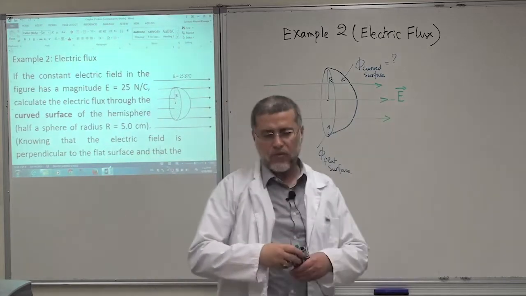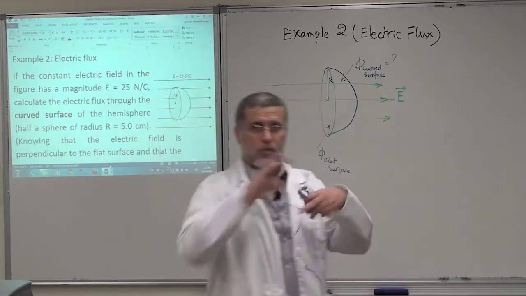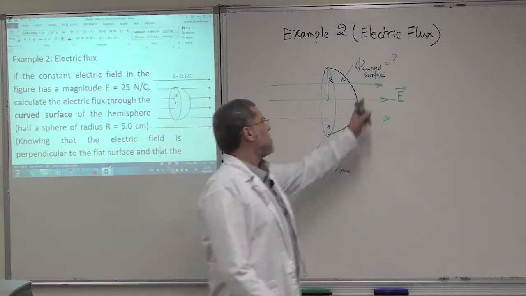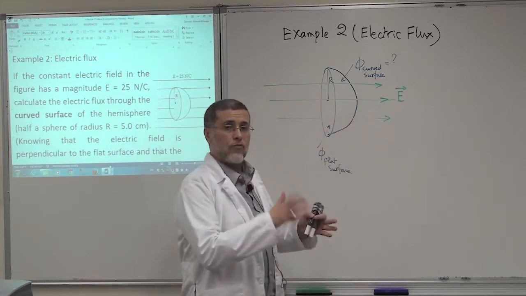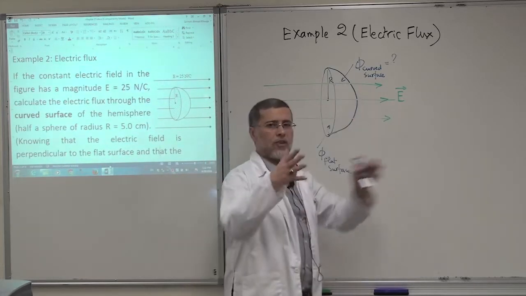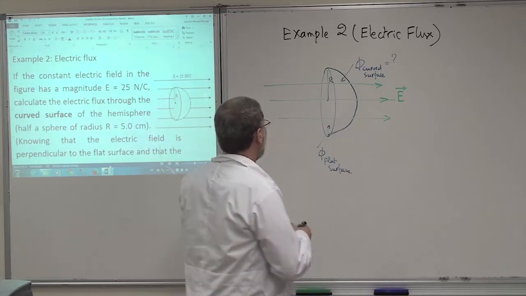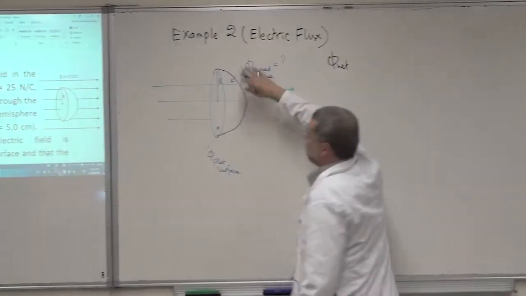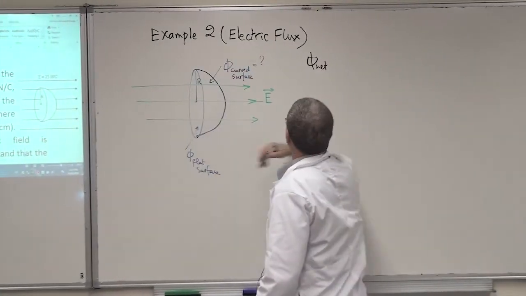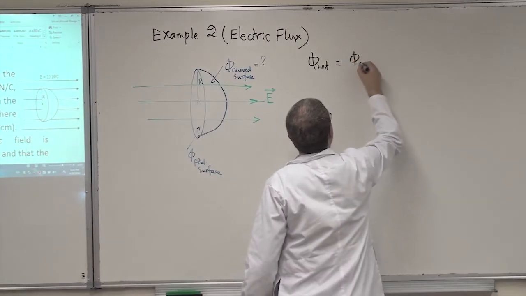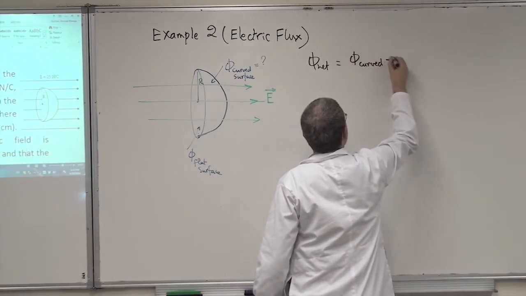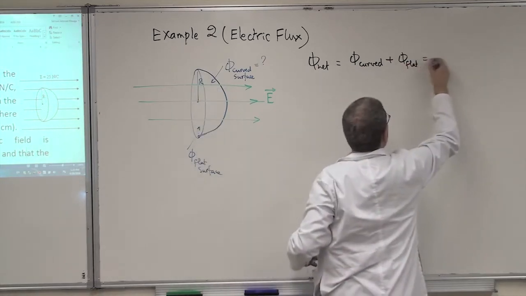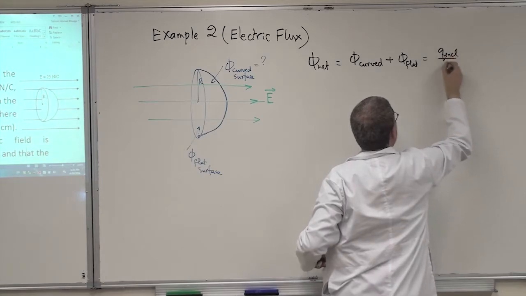We said in the previous video, for a closed surface, when the electric field is entering the surface, the flux is negative. When it is leaving the surface, the flux is positive. Now we can say that the net flux through both surfaces, the flat and the curved, is equal to flux curved plus flux flat, and this is equal to Q enclosed over epsilon 0.